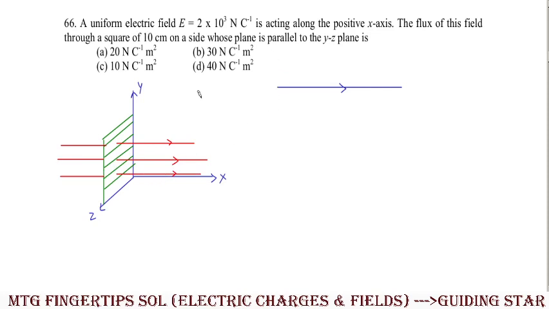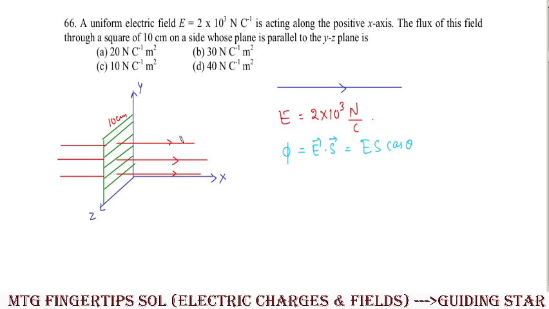Clear? So this electric field is given, E equal to 2 into 10 to the power 3 Newton per Coulomb. The flux of the field is through a square of side 10 centimeter. Okay, flux. What is flux? First of all, we need to write down the formula. The formula is phi is equal to E bar dot S bar, that means E S cos theta.